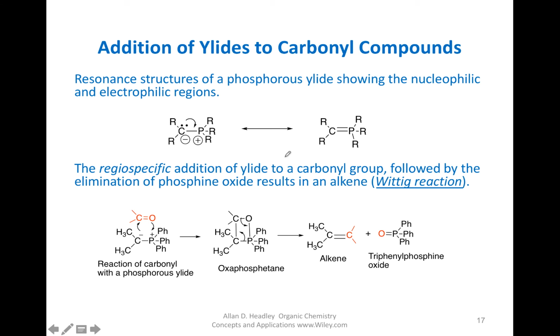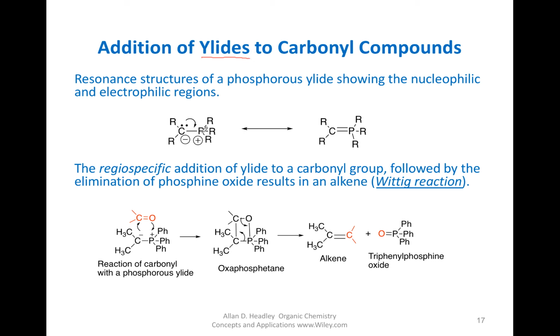Let us turn our attention now to another addition of another type of reagent. This type of reagent is called a ylide. A ylide by definition is a compound where the carbon is bonded to a heteroatom and the carbon has a charge, typically a negative charge.